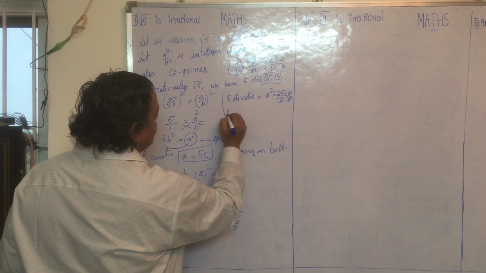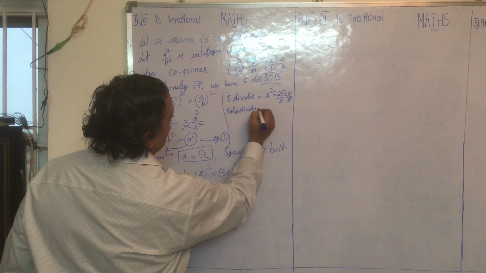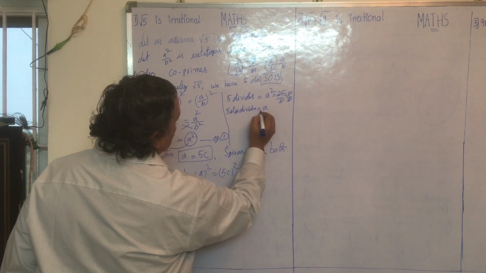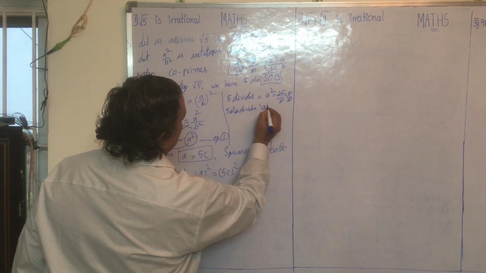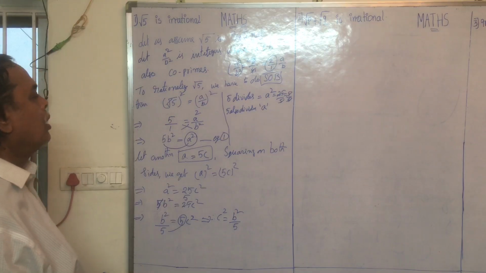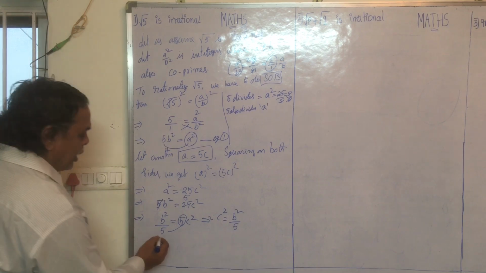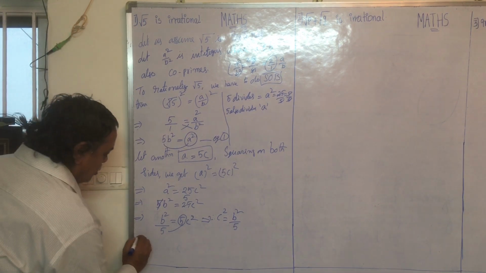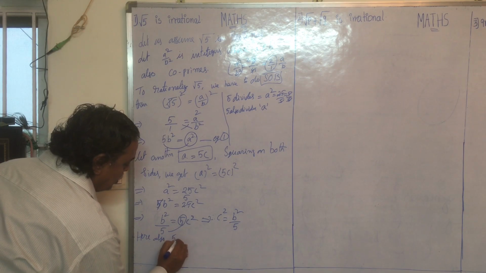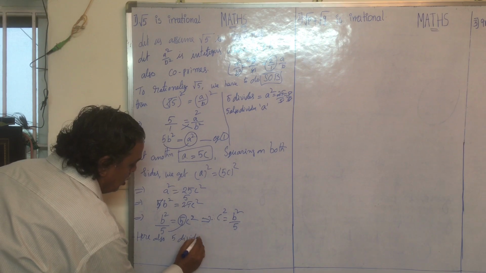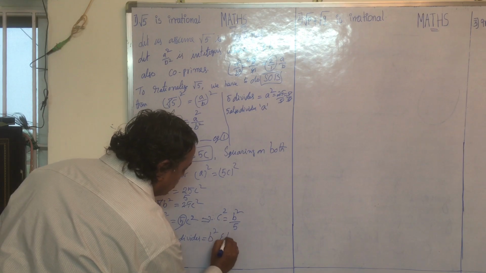That's why 5 also divides a. Both a square and a are divided by 5. Here also 5 divides b square and b also.